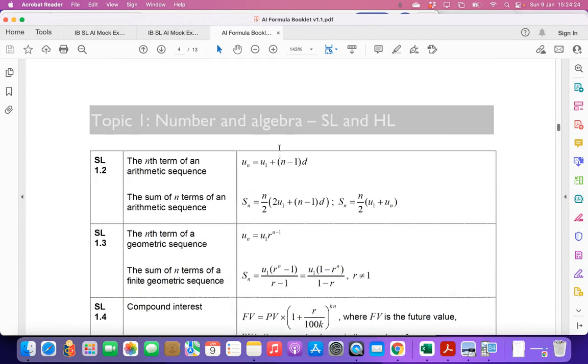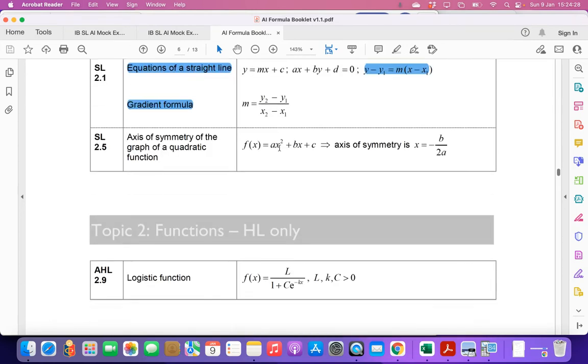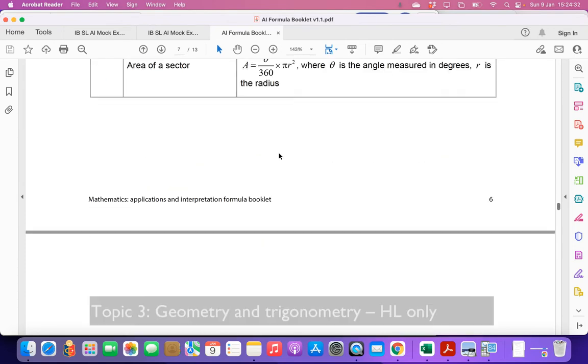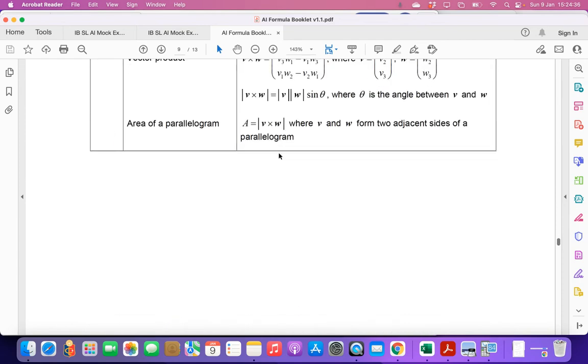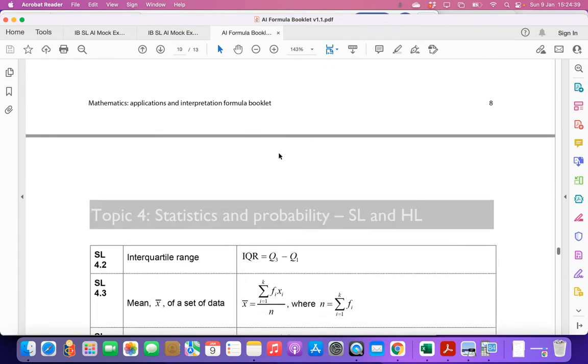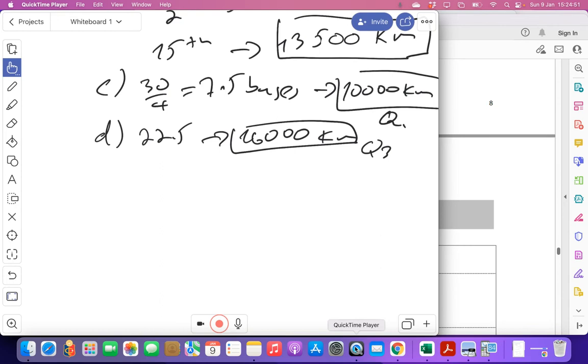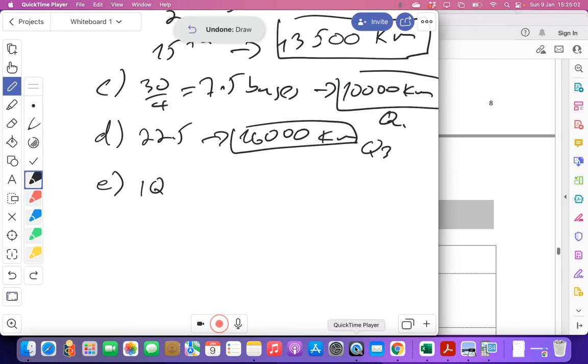So 16,000 minus 10,000 equals 6,000 kilometers.